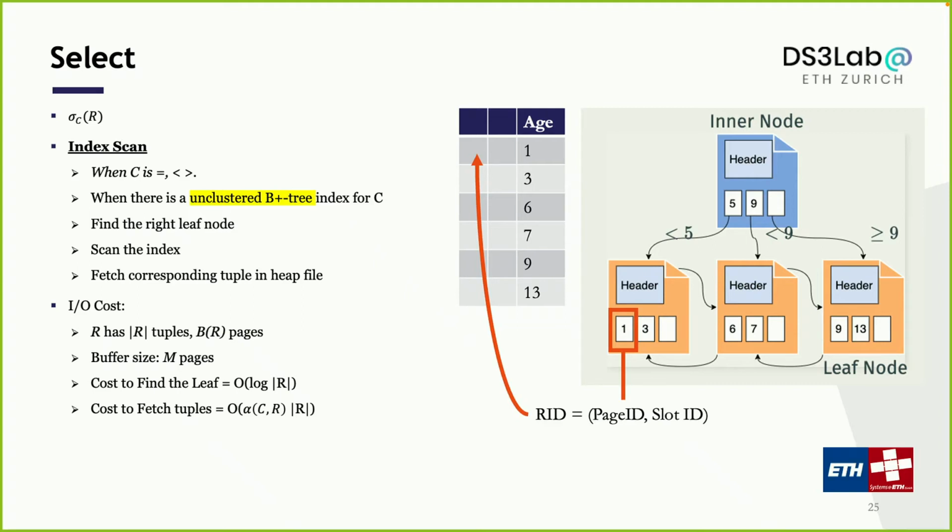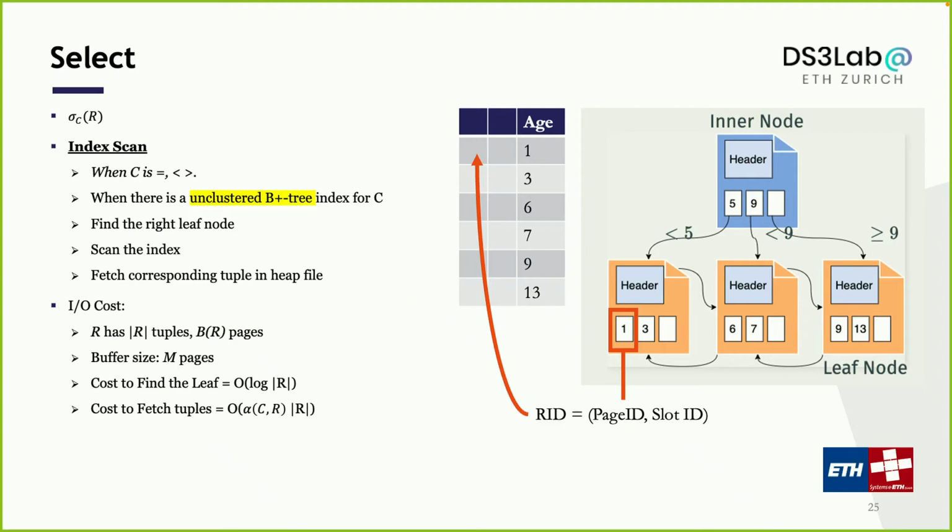That's the selectivity, how many tuples I'm expecting in my output. Because the whole thing is unclustered, in the worst case, for every single tuple I want to fetch, I will incur 1 I/O, because all the tuples I want to fetch could be scattered in this relation.